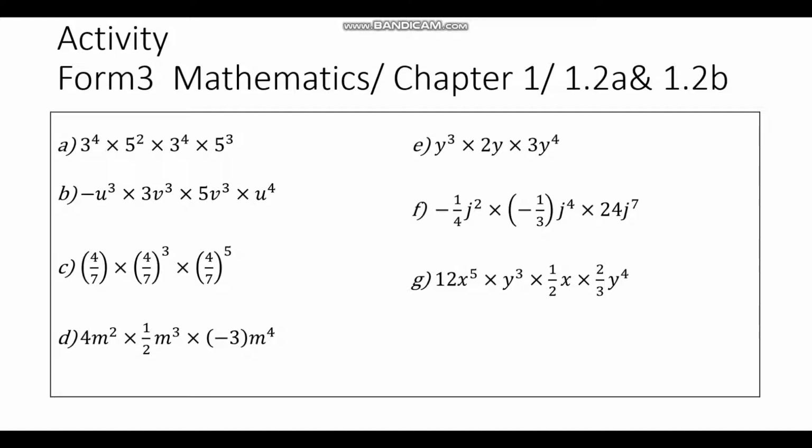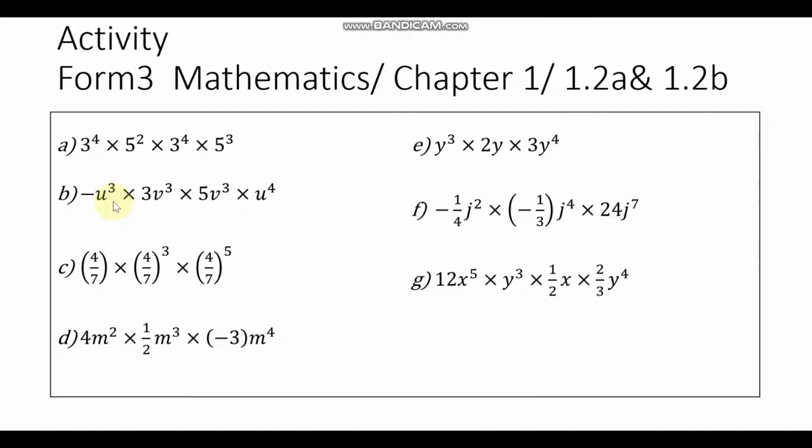So now, the first question, we have two bases, which are 3 and 5. And remember, this is a multiplication index form question, so we only plus the value of the index according to the same base.